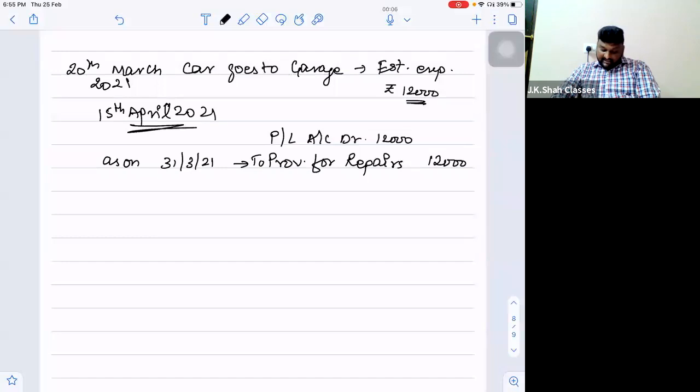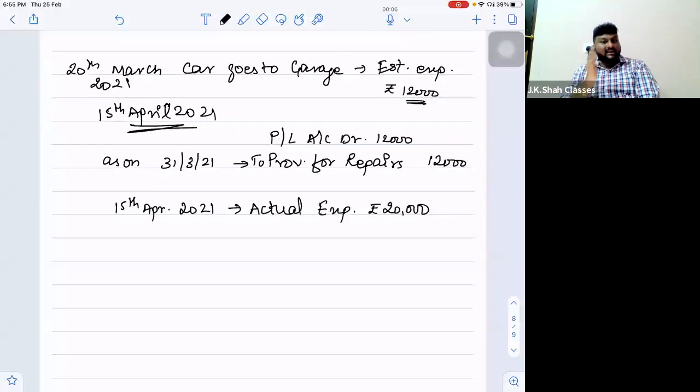But on 15th April, when the car was actually repaired, the actual expenses were rupees 20,000. Now, can I say you provided for 12,000, but the actual expense is now 20,000? Yes or no? So can I say you have to create a further provision for 8,000 to write off this expenditure fully?